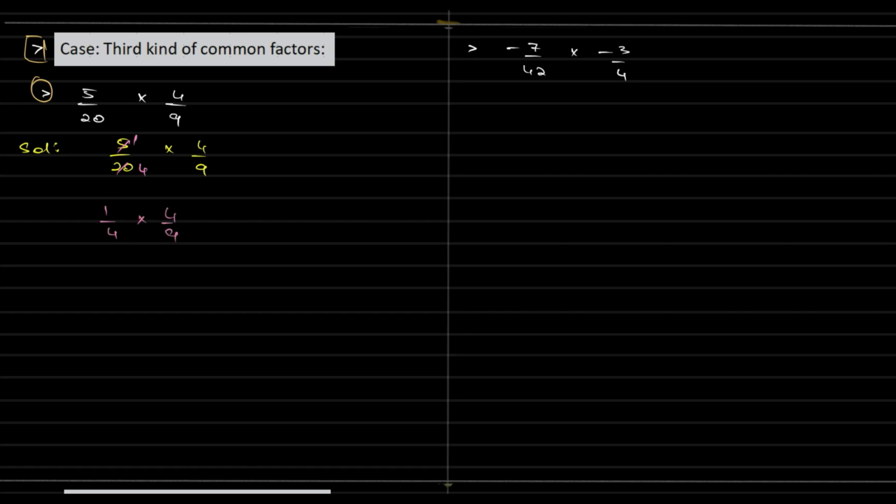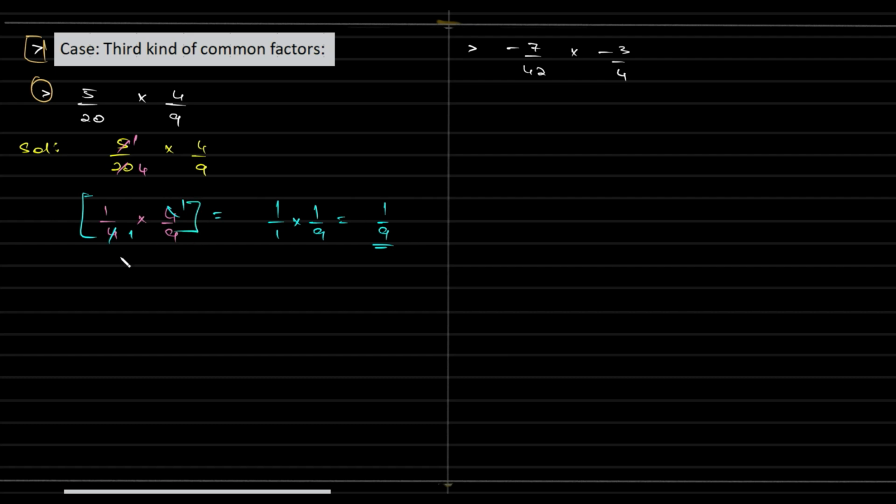But here again we have 4 and 4 in the numerator and denominator. Can we cancel this? Yes. If I had given this as your question, you guys would have cancelled, right? So 4 1s are 4, 4 1s are 4. So 1 by 1 into 1 by 9, which is nothing but 1 by 9 itself.